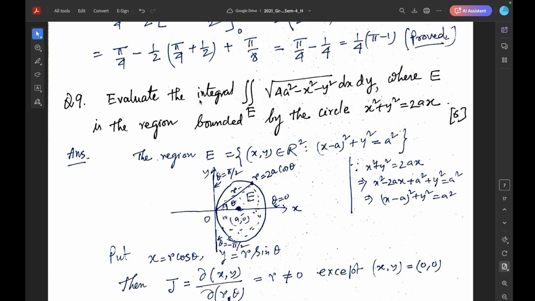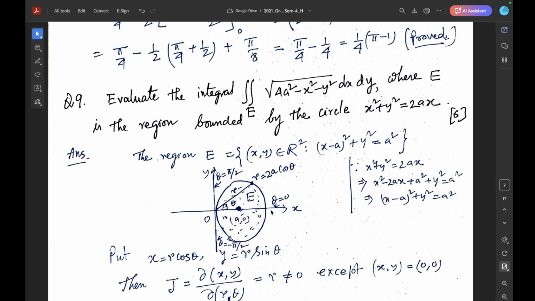This region E, the region of integration, is the set of all points (x, y) in R2 such that (x minus a) whole square plus y square equal to a square. Because we can write x square plus y square equal to twice ax, so (x minus a) whole square plus y square equal to a square. And this represents a circle with center (a, 0) and radius a.